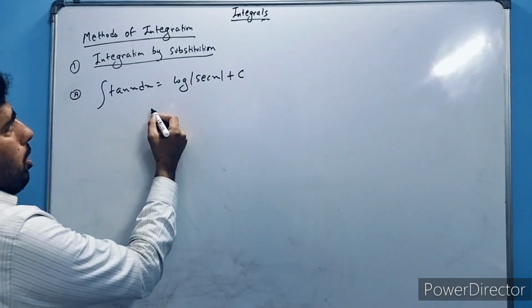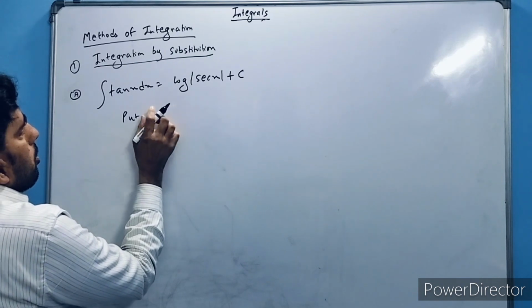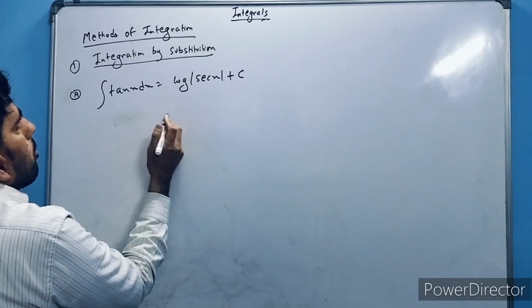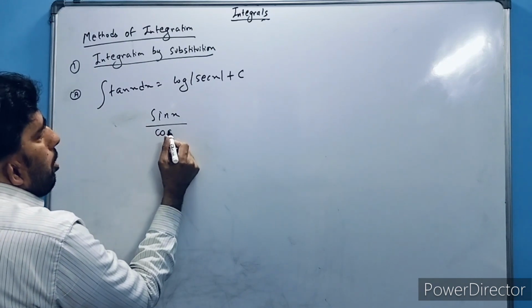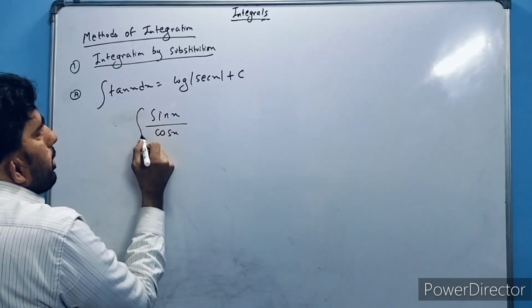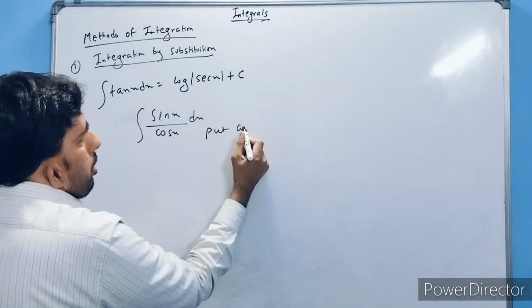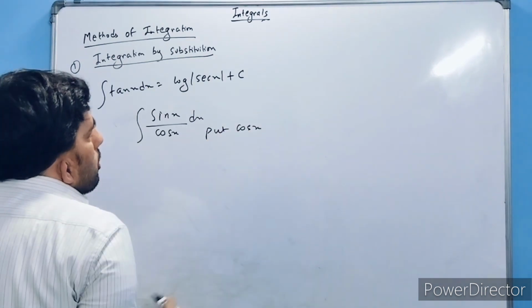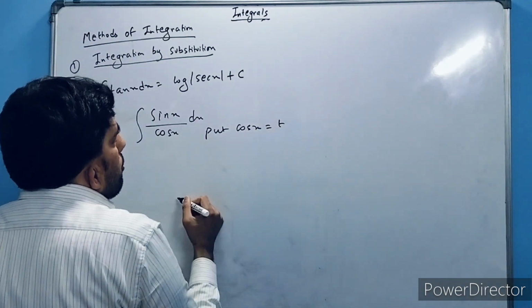Let us prove. Before putting, let us try to solve. We can write tan x as sin x upon cos x dx. Now put cos x is equal to t.